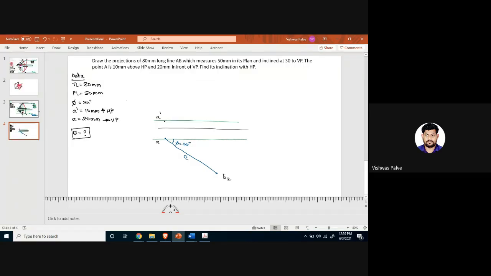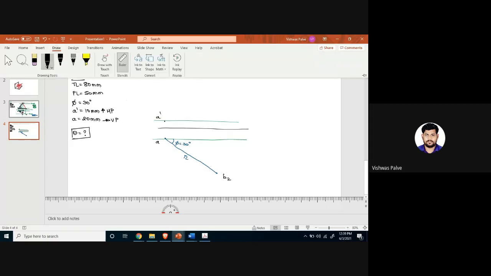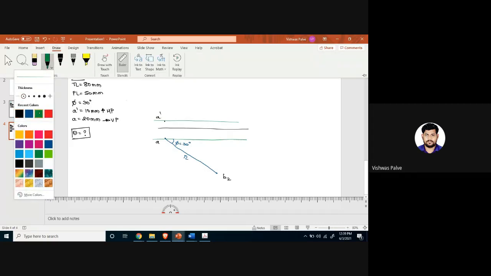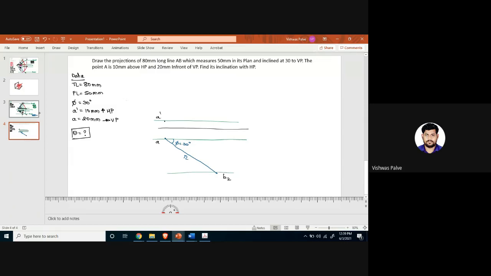B2, right? Once you get B2, you can draw the locus of B. This will be my locus of B.